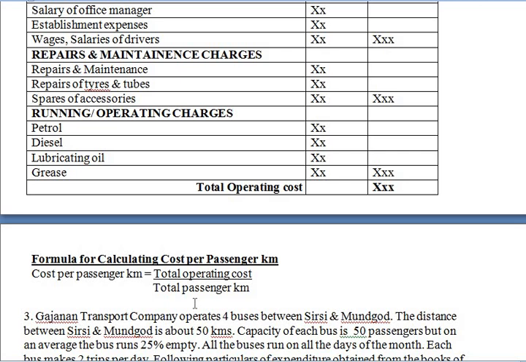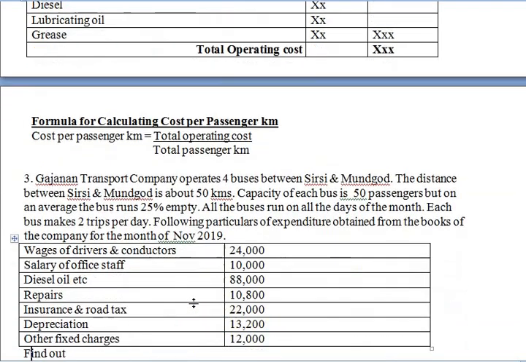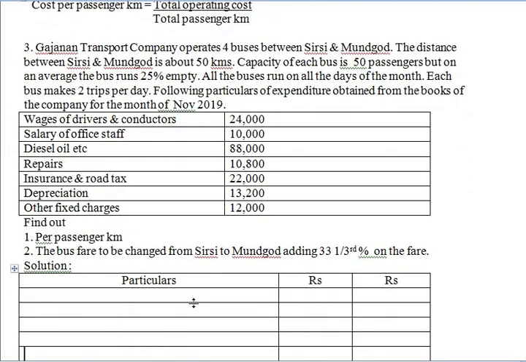So this is the operating cost sheet format and the formula for cost per passenger kilometer. If such a question is given, it will be for 15 marks. We will see one problem on that.